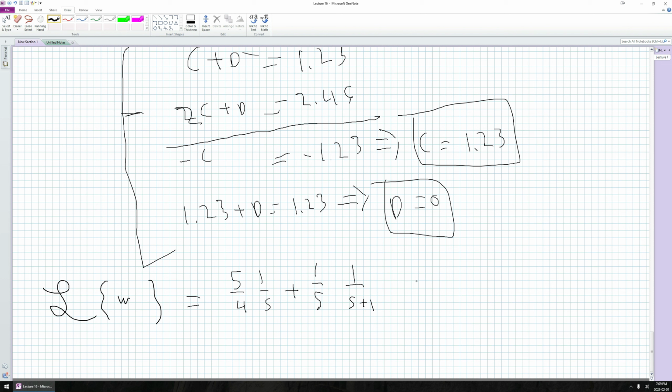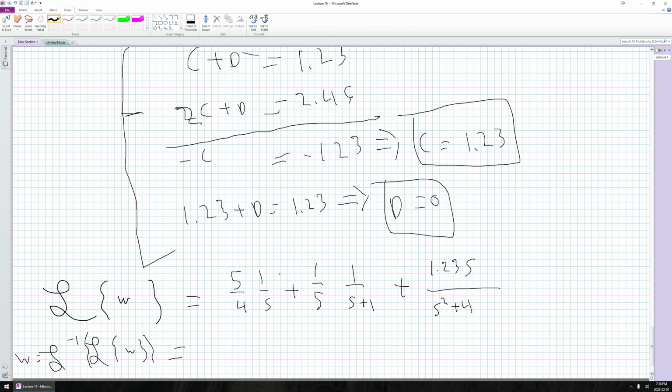And then the final one would be plus 1.23, and this will all be multiplied by s over s squared plus 4. So now if I want to find w, I just take the inverse Laplace transform of both sides. So here I would get w is equal to the inverse Laplace transform of the Laplace transform of w.